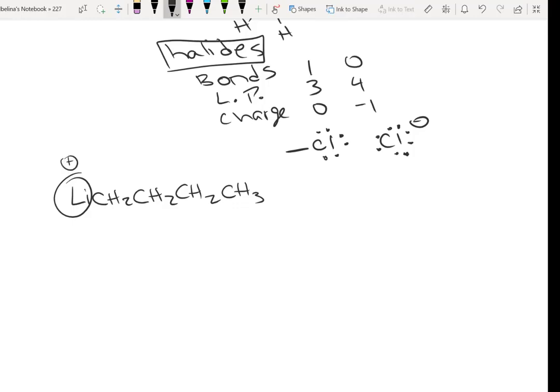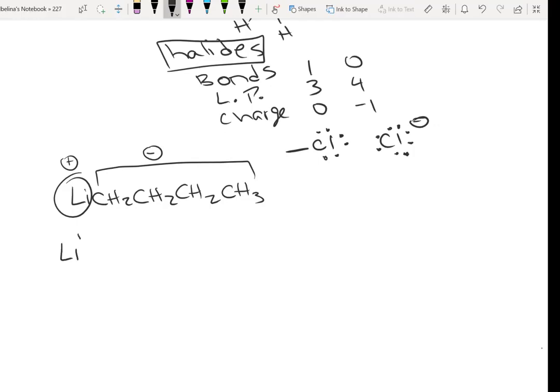My lithium is group 1, and then this part of the molecule has to have an overall charge of -1. I haven't talked much about overall charge versus formal charge. The formal charge is specific to an atom, and the overall charge is the sum of all those charges. Because we're only looking at examples in which one atom has a formal charge, they're going to be the same.